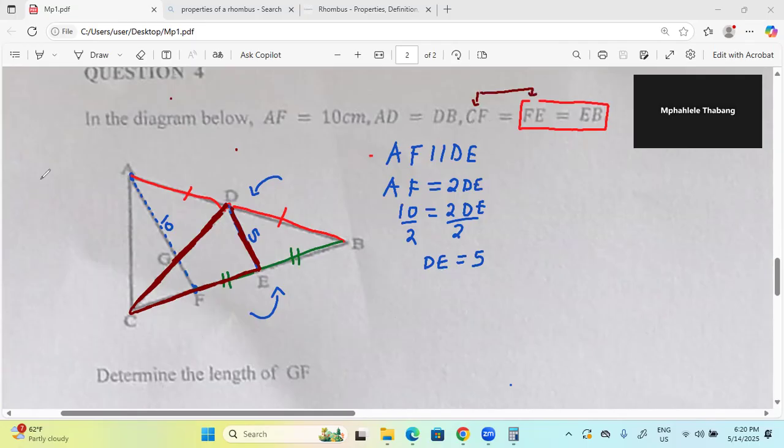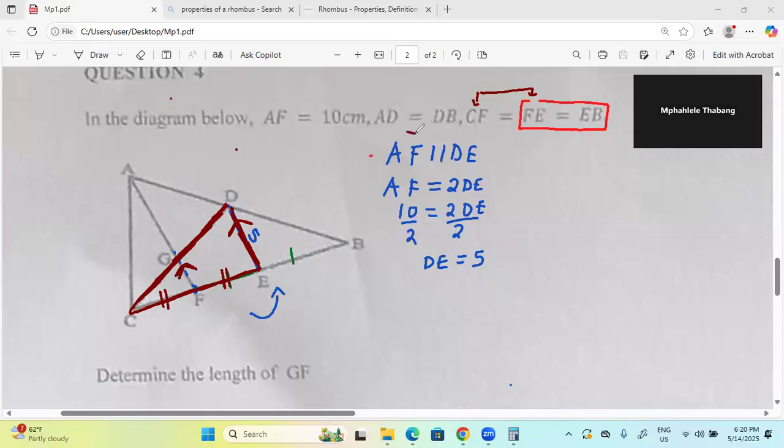I will erase all this other stuff so that you can see where I'm putting my focus. So CF equals FE. And from the midpoint theorem, we have noticed that the line DE is parallel to GF.